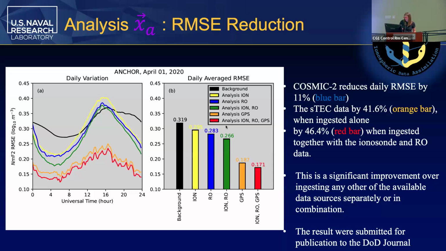If we add just COSMIC-2, it gives us an 11% decrease in RMSE. And if we add slant TEC, it gives us a 41.6% decrease, which is a lot. That's because it has global coverage, right? With COSMIC-2, we have only equatorial coverage. But anyway, when we combine all of the data types, we can get up to a 46% reduction in the errors.